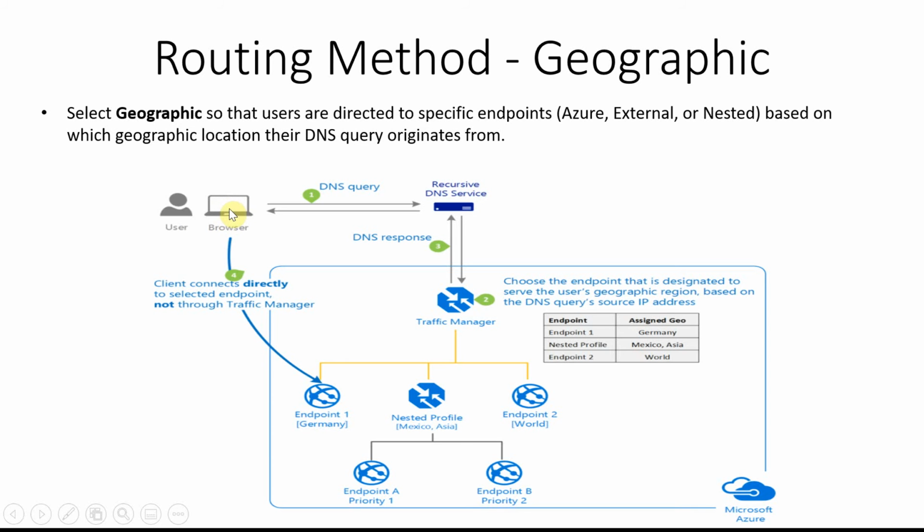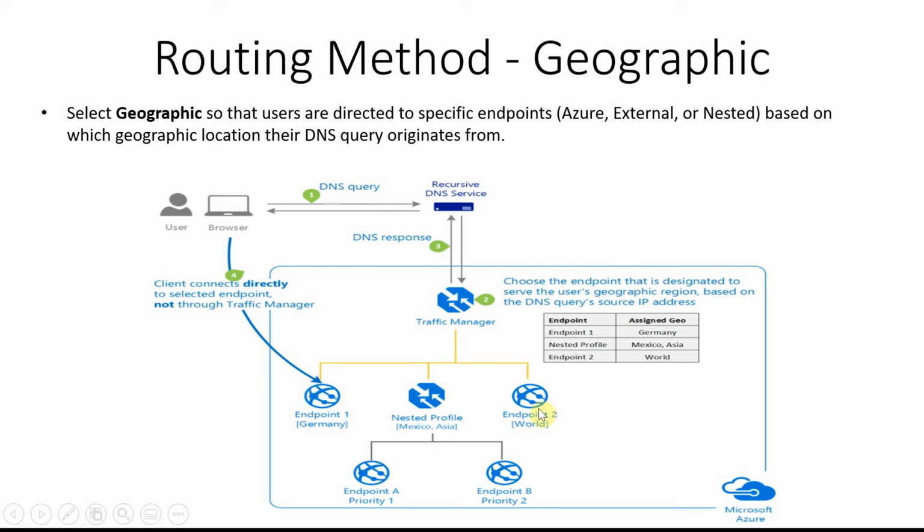So the choices that you have, where your instances are deployed, are one in Germany, and the second one. It's also possible to have a nested profile in Traffic Manager, like Mexico versus Asia. So Mexico will go to this, Asia will go to this, and the rest of the world is endpoint two.